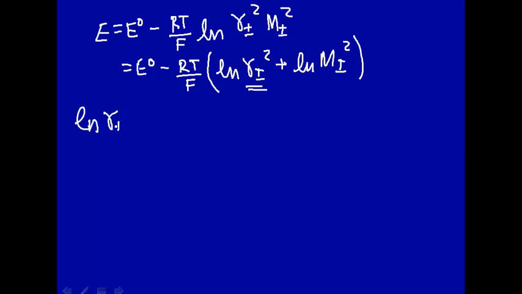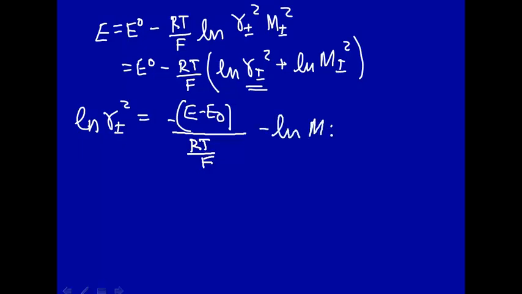The natural log of the mean activity coefficient squared is just equal to minus E minus E0. I'm just solving this equation for this term here, times F. Actually, let's make it a little simpler, so let's divide this by RT over F, and then we subtract off the natural log of M plus minus squared.